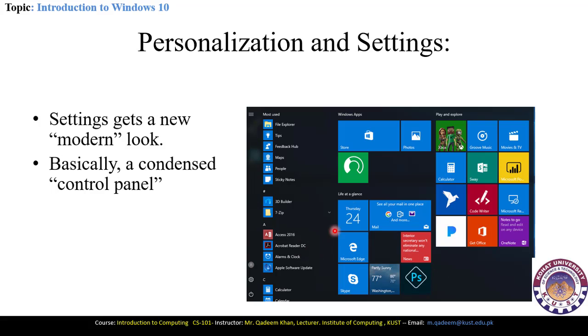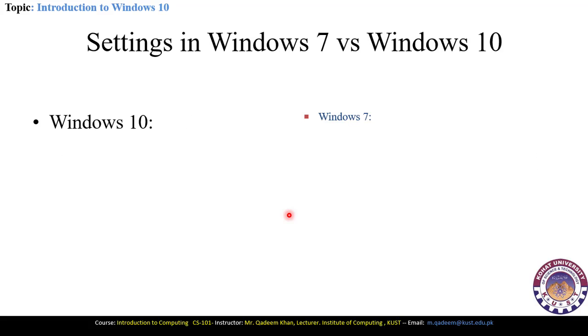You will see the different apps that are installed, and you can also see other apps of Windows that are running behind. When you click on a particular app, it will appear here. If you want to change the settings, just click on this settings button.